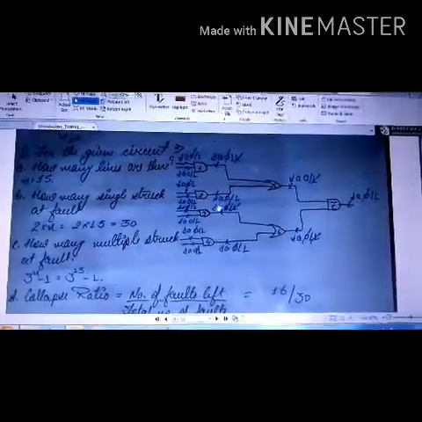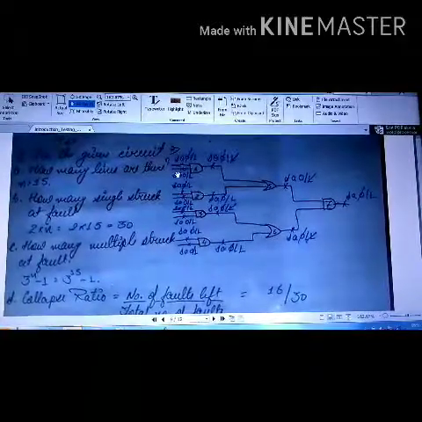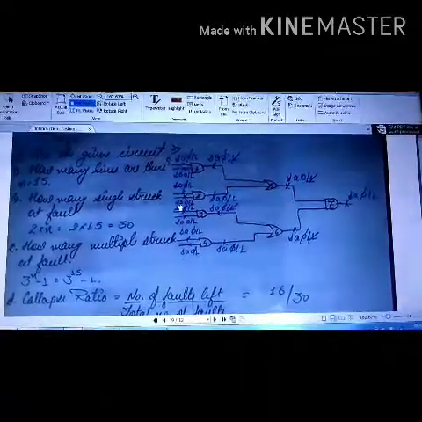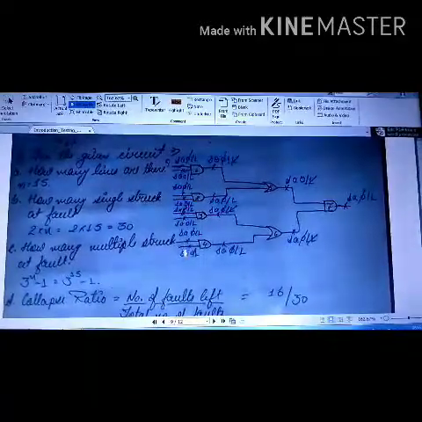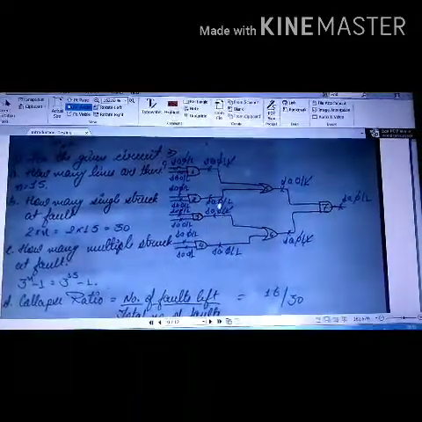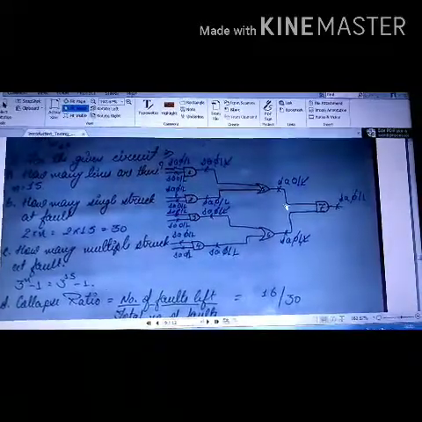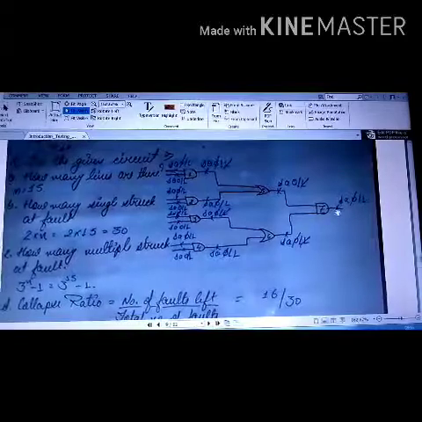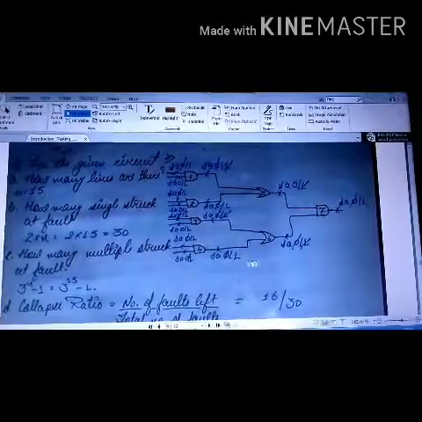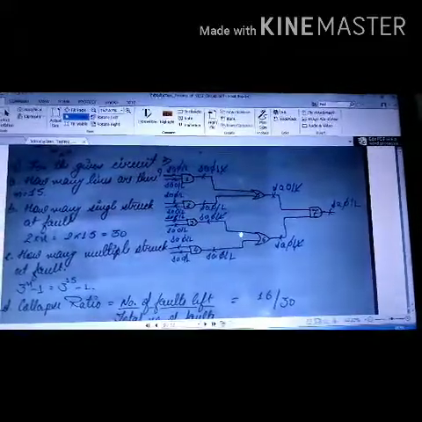If we look at this circuit, we start from here: 1 and 2 lines, 3 and 4 lines, 5 and 6 lines, 7 and 8 lines, then 9, 10, 11 and 12 lines, then this is 13, this is 14, and finally this is the 15th line. So this complete circuit has 15 nets or 15 lines.